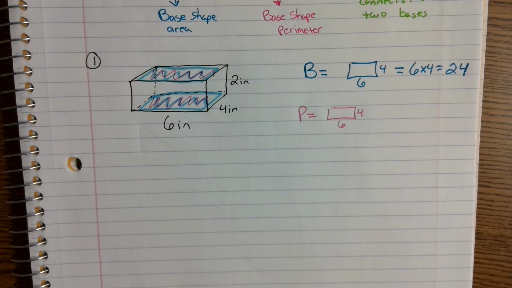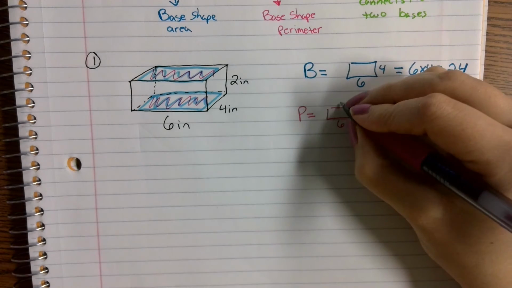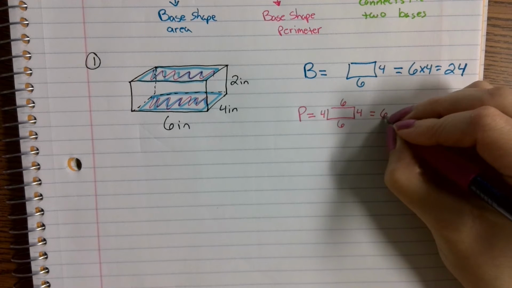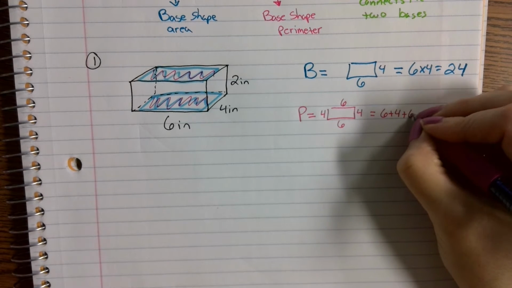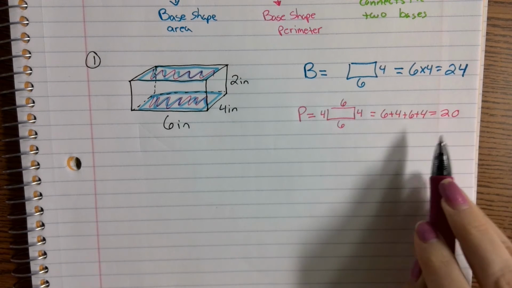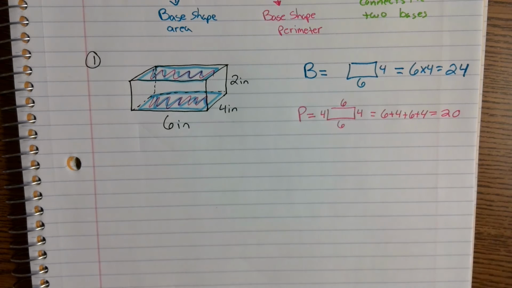Connor? 30. Not 30, 20. Because if this is a 6 and this is a 4, that means it's 6 on top and 4 on the left side as well. Then you just add them. 6 plus 4 plus 6 plus 4, and that's going to give you 20. So your measurement for perimeter is 20.